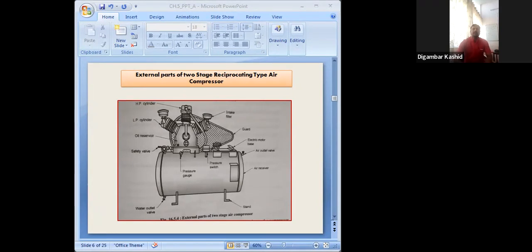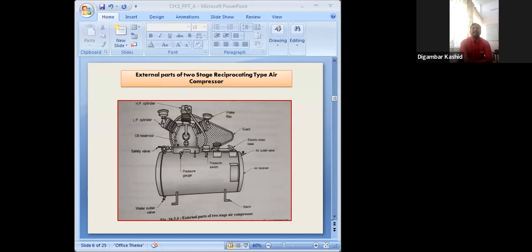And one more advantage is that the overall efficiency of this piston type compressor is high as compared to the other compressors, and very high air pressure and air volume flow rate can be obtained by using multi-staging of this type of compressor. And here the better mechanical balance can also be achieved with the multi-stage compressor.